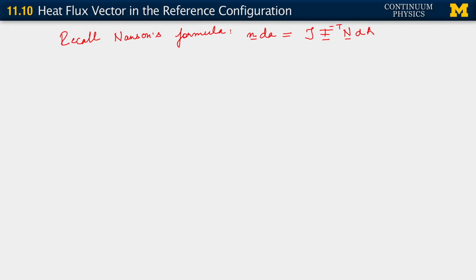Okay. When we have this, now we can go back, and it's just a single step that we need to complete. Okay. So we apply this to the statement we had in the previous slide, which is that minus q dot n dA equals minus capital Q dotted with N dA.